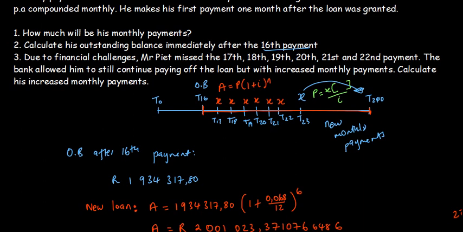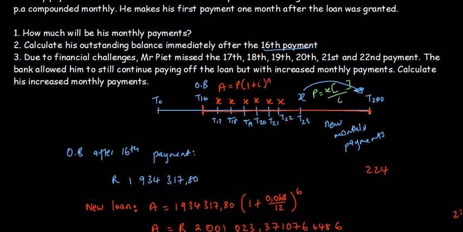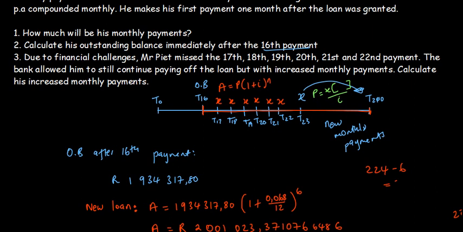You say 240 minus that. I think you're going to get 224 payments that were left. Then you're going to say how many were missed? 6 were missed, isn't it? So we're going to say minus 6, which will give you 218. It means that from here to there, it will be 218 payments that are left.